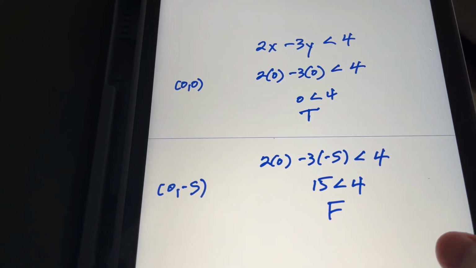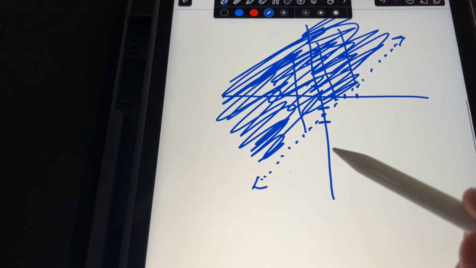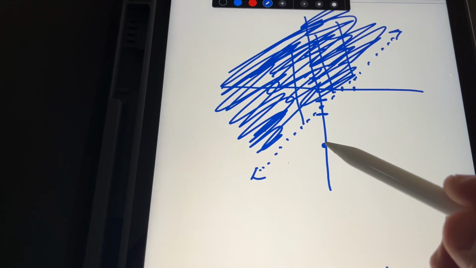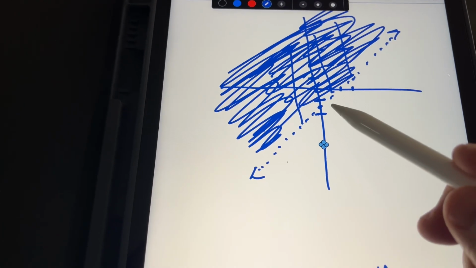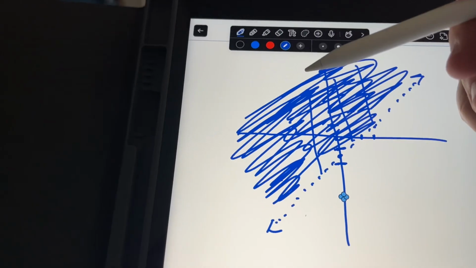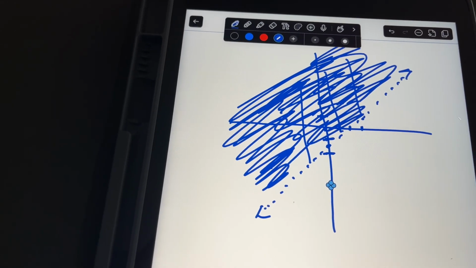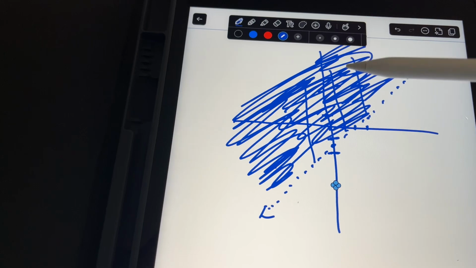So that gives me a false statement, which means since that test point, 0, -5, is here, and it was false, I don't shade towards the test point. I shade away from the test point, which would also agree with shading above the line. So we shade above the line.